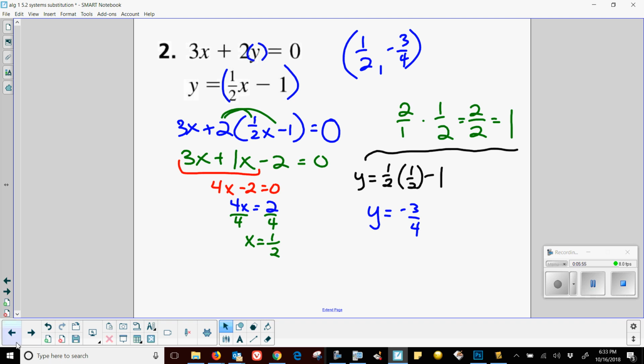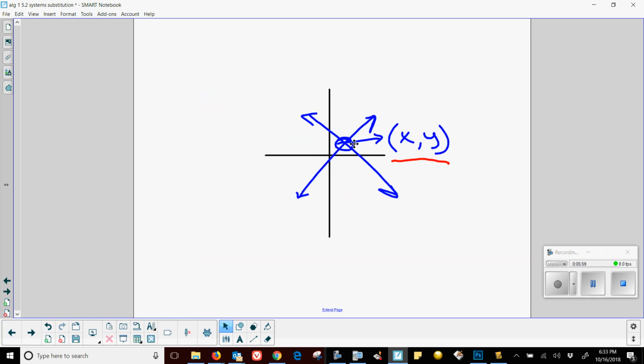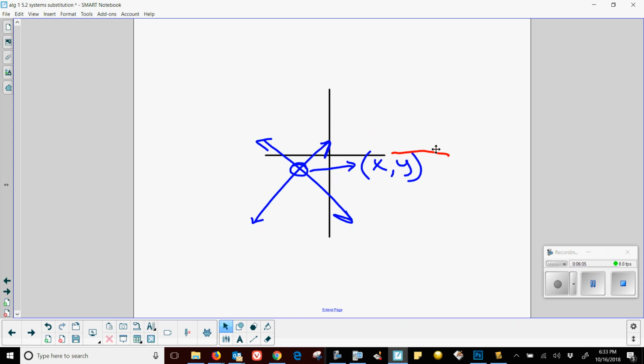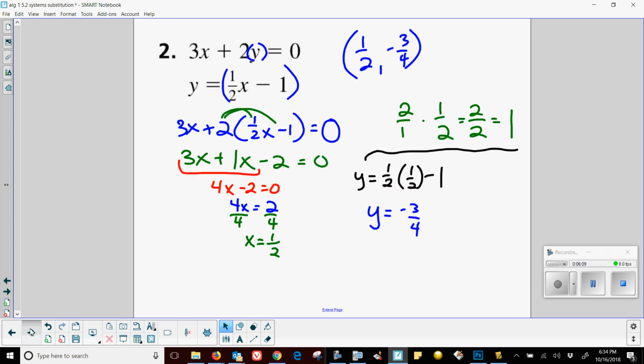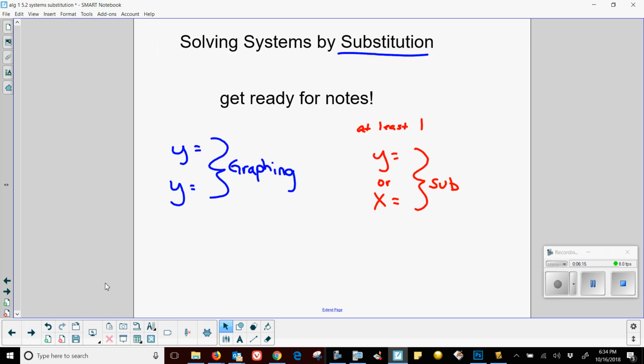Fractions are going to happen because, like I said back here, the lines are not always going to cross at nice, pretty points. That could be a fraction xy point, and there's really no telling what it is. You just have to plug it back into both equations and make sure. To get a fraction in your calculator, hit alpha y equals, which I had up on the slide. And that was day 1.